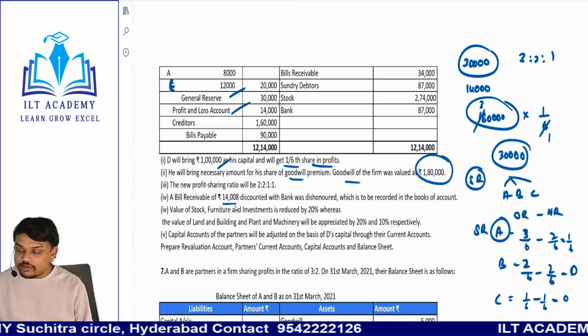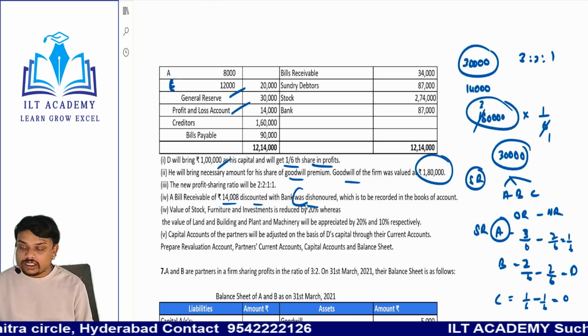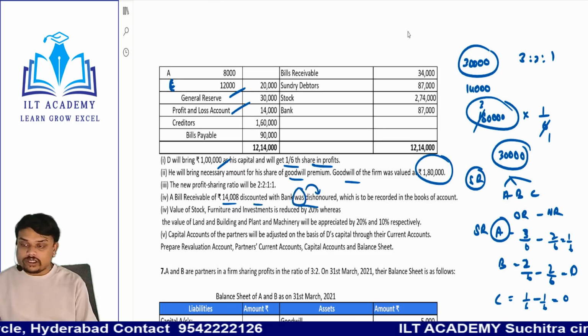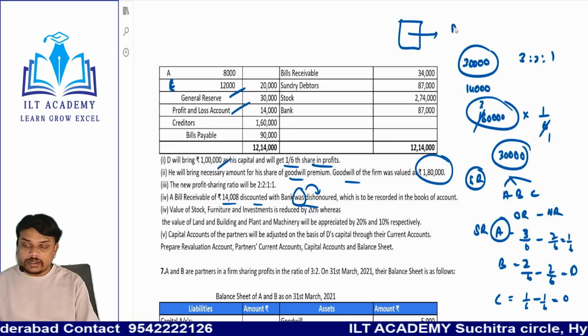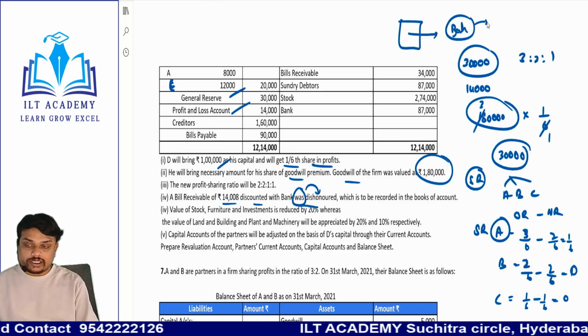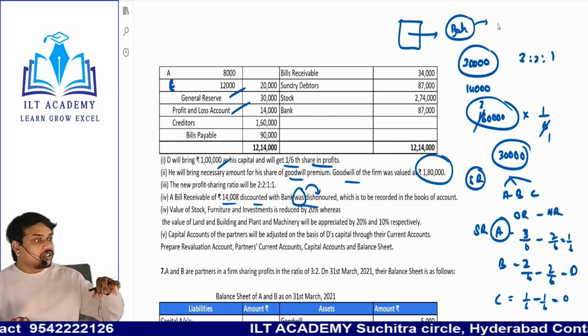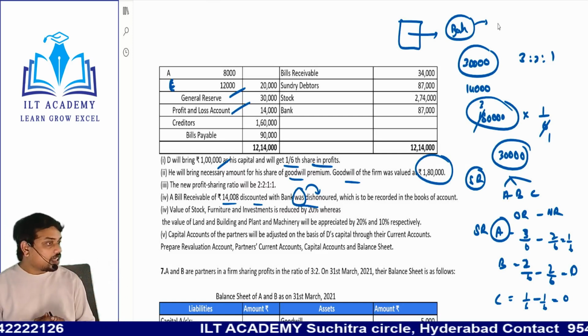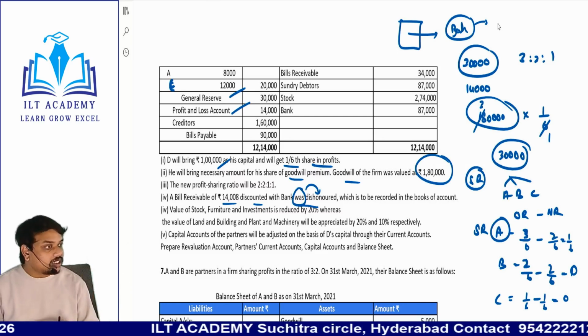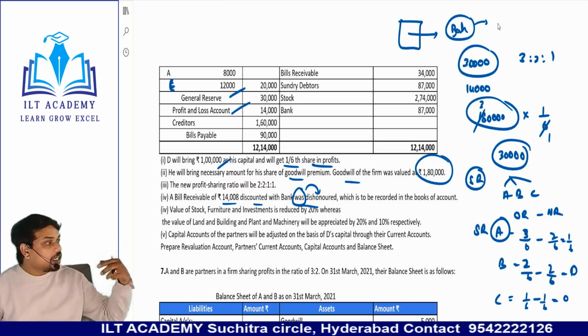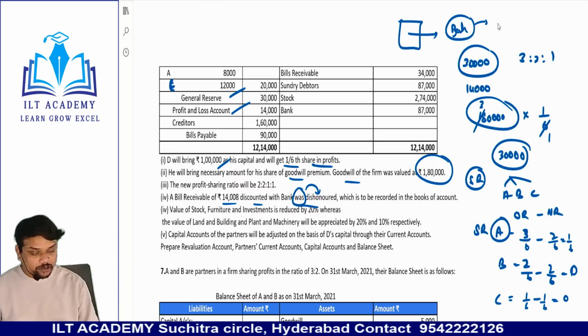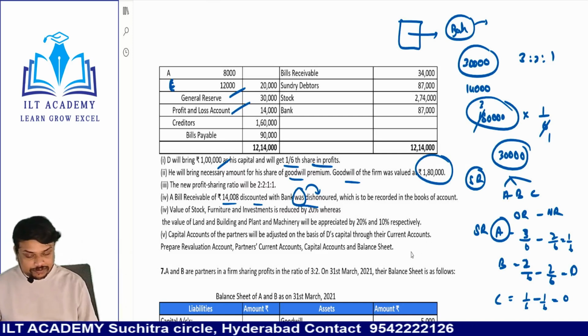A bill receivable of 14,000 discounted with the bank was dishonored. Now there was a bill which you discounted with the bank. You assumed that your debtor is going to pay the bank, but now the bill got dishonored. Now what we need to do is pay the bank this bill amount. Clear? Any doubts?